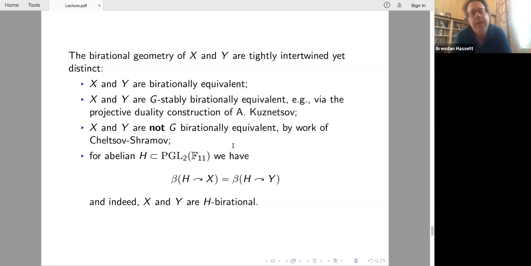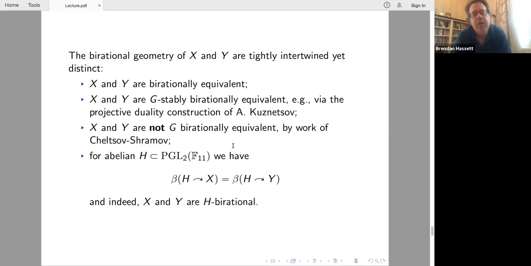There are many ways to see this, but maybe the nicest modern approach is homological projective duality, the construction that relates the cubic threefolds with these codimension 5 linear sections of the Grassmannian. It gives you a lot of tight relationships between the cubic threefolds and these Fano varieties. And it's very, very natural in families. And so it is enough to give you a G-equivariant stable birational equivalence between X and Y.